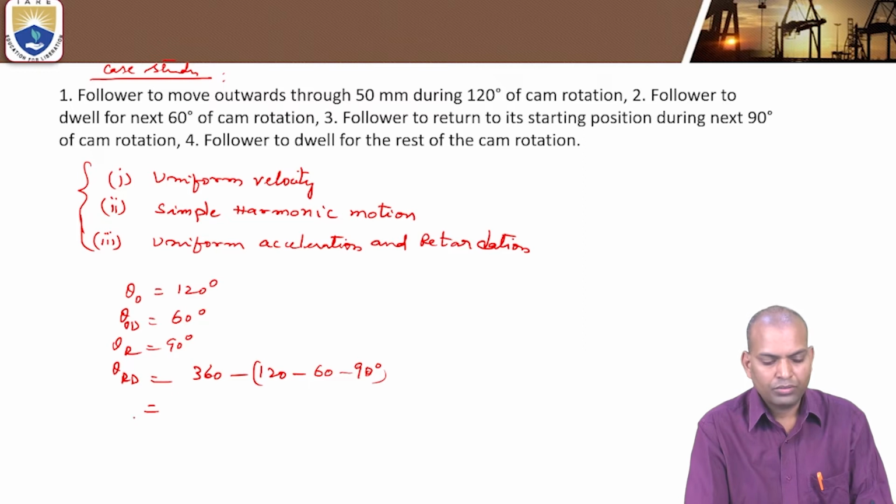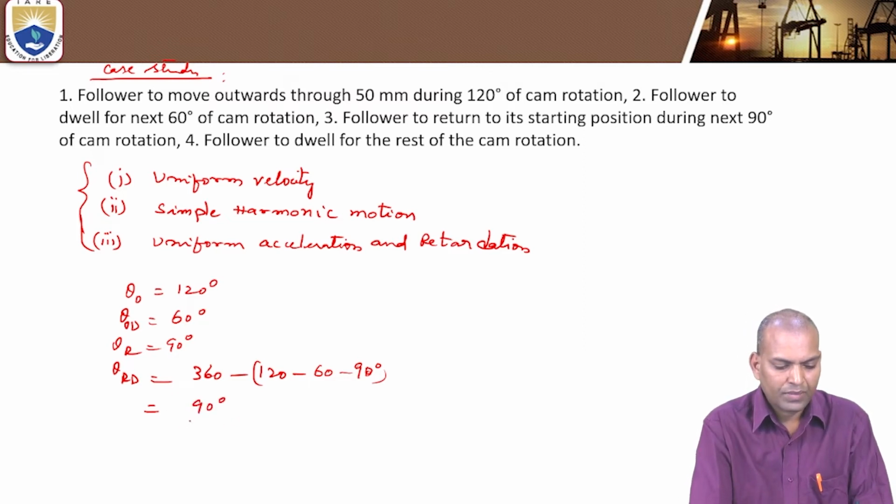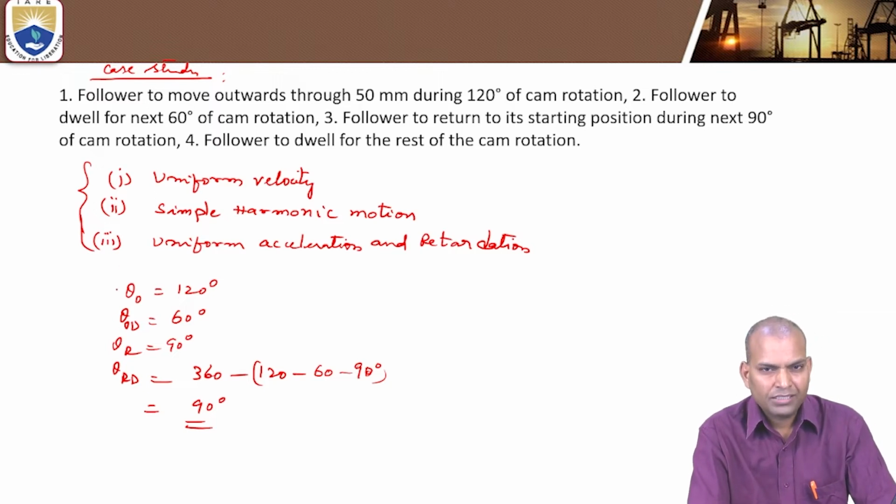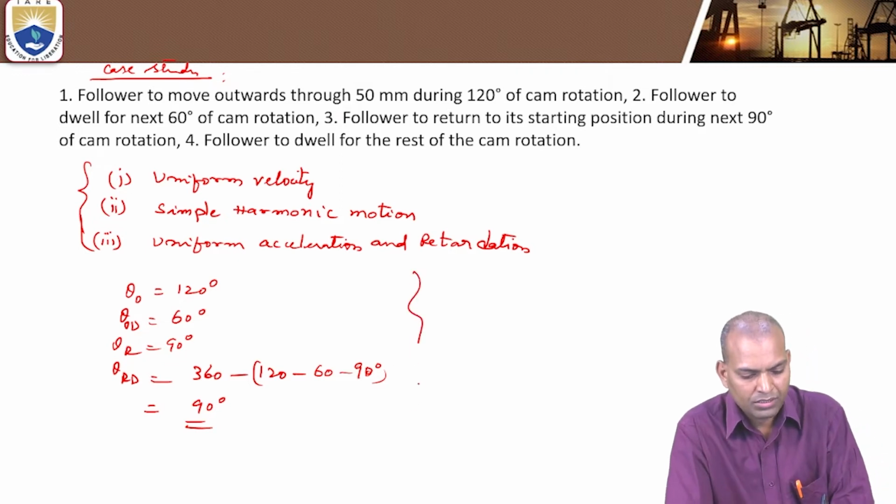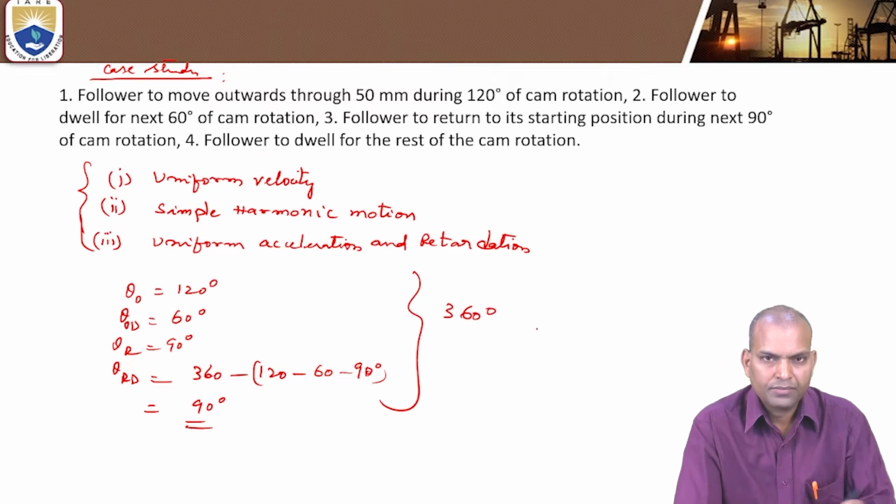Now what is this angle? This is 90 degrees. So the remaining dwell is 90 degrees. Then the sum of all the angles, that is outstroke angle, return stroke, dwell next to the outstroke, and dwell next to the return stroke, the total sum is 360 degrees.